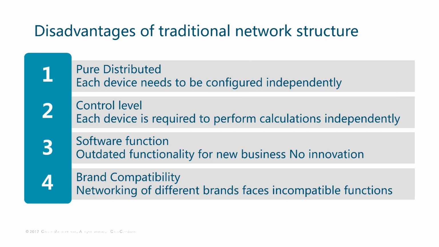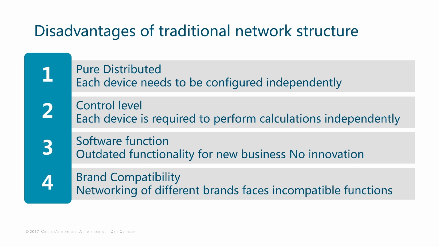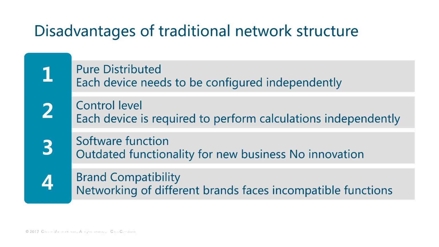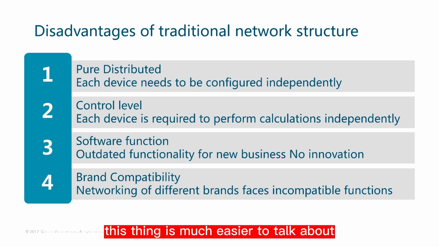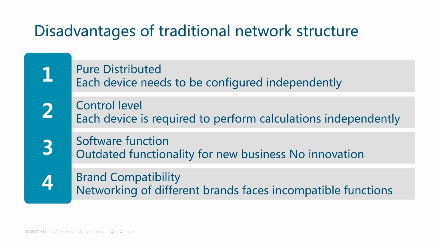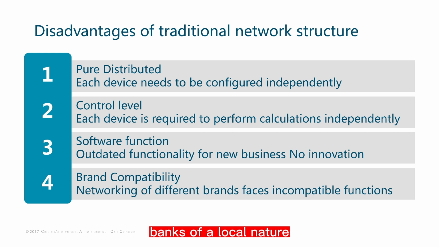Let's go on. Outdated software features without innovation. Multi-brand incompatible. Actually, it means you can summarize EIGRP in one sentence. For Cisco, this thing is much easier to talk about. You will find that EIGRP has almost no scenarios to use now, except for some relatively small-scale commercial banks of a local nature.